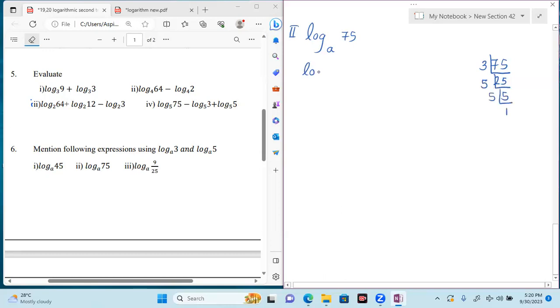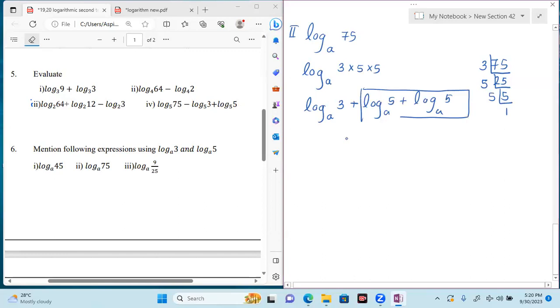Then 75 can be written as 3 into 5 into 5. Then logarithm of 3 added to logarithm of 5 added to logarithm of 5. Here you can see there are two like terms. Therefore, we can express it in this way. This is the answer. Check whether you have got this.